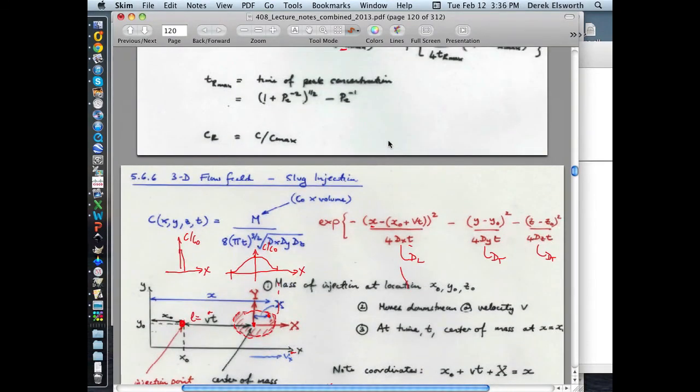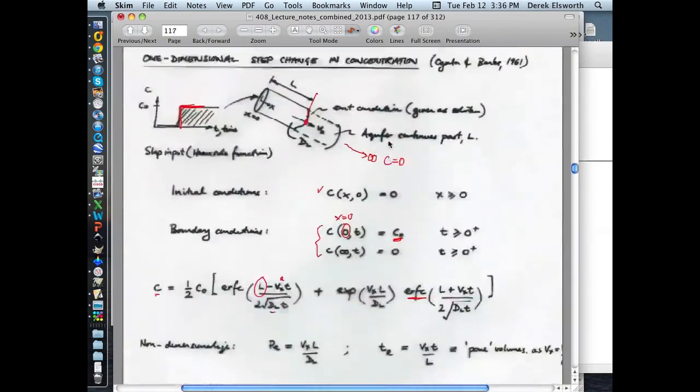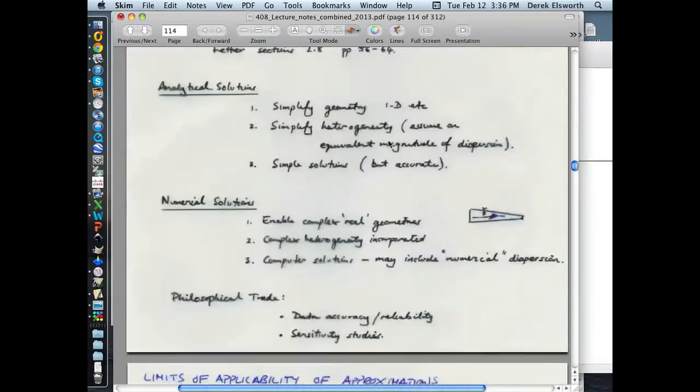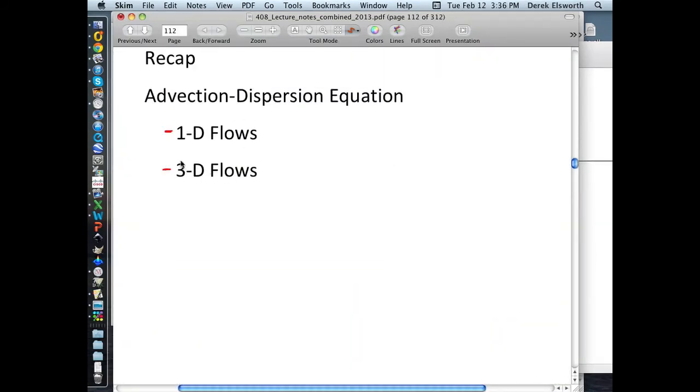The other thing we could use that for, since we've gone through the things we wanted to talk about, is we've talked about both of these behaviors, both for a one-dimensional flow, which was just our standard core, which we're using to look like our aquifer, and also the three-dimensional case, which was just this distribution that slowly spreads as it goes progressively further downrange.